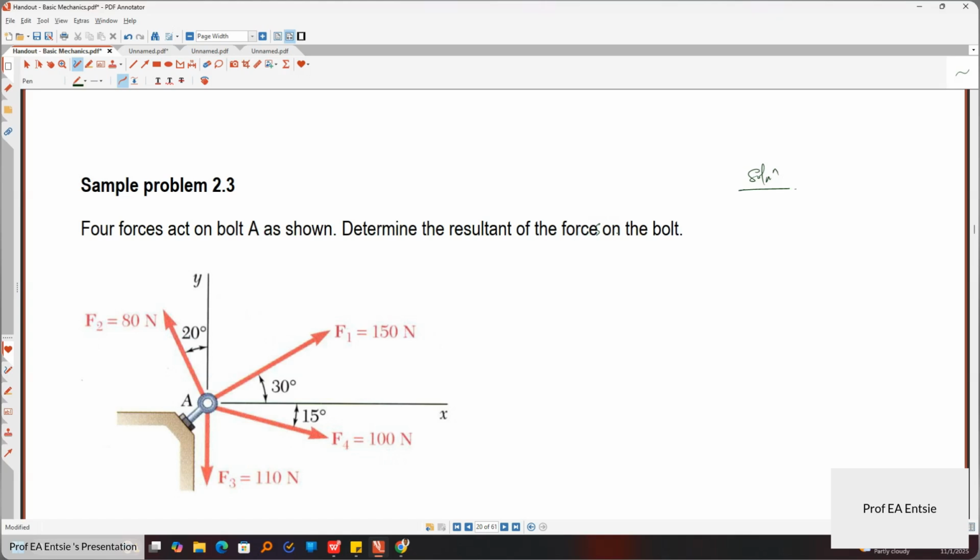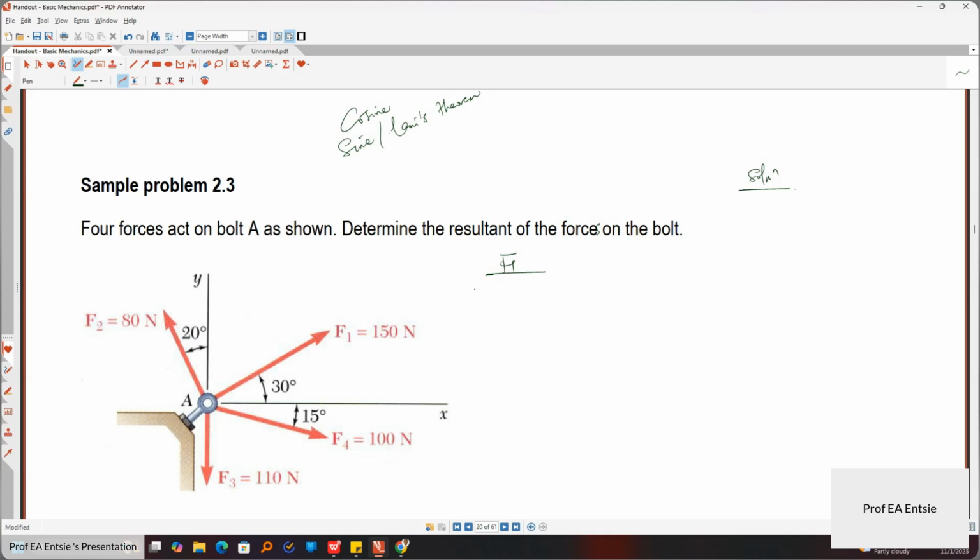It will be a mess if we go with the tip-to-tail method, because we'll be getting four sides, which is not in the scope of the triangle, the cosine rule, the sine rule, or Lami's theorem. So tip-to-tail will not help. We will go with the Cartesian form, so we will start with F1.